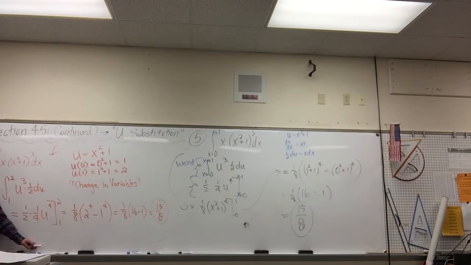Now, here's what I've known to see on the AP exam. They give you this, and instead of saying, tell me what the answer is, they say, tell me what its equivalent is using change of variables. And so you would say, well, this is the same as this.